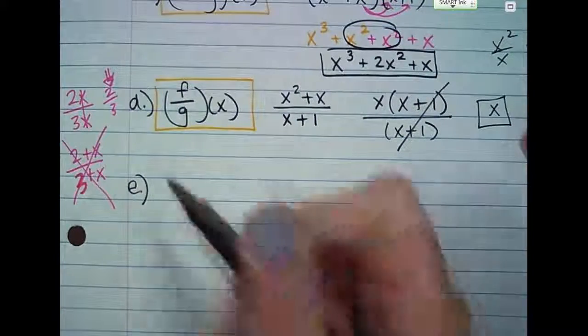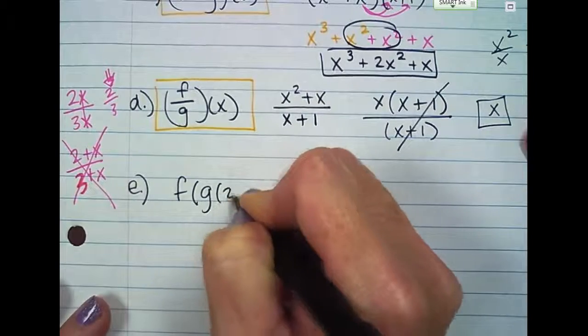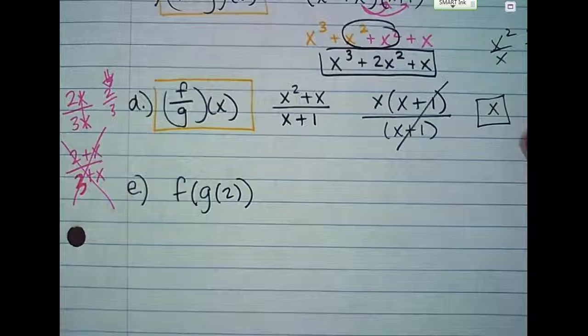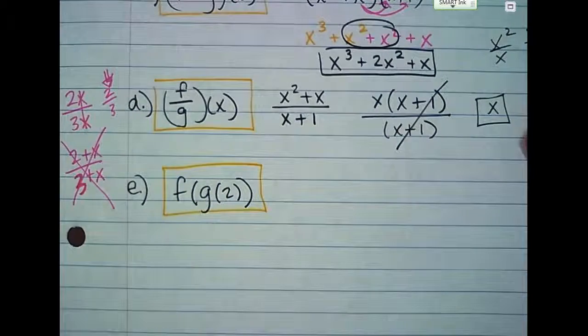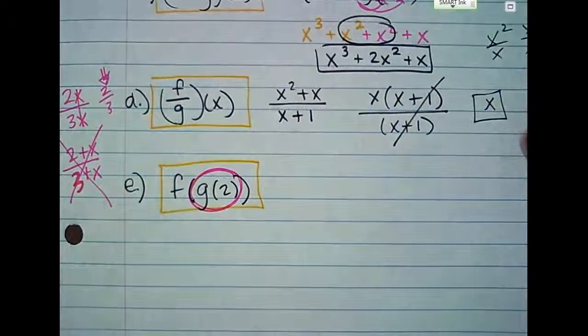And this is asking for f of g of 2. When you see a number buried inside, it's like order of operations. We're going to work from the inside all the way out. You're going to find g of 2 first.